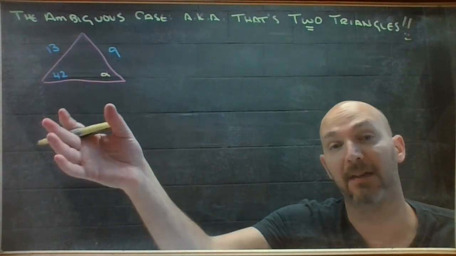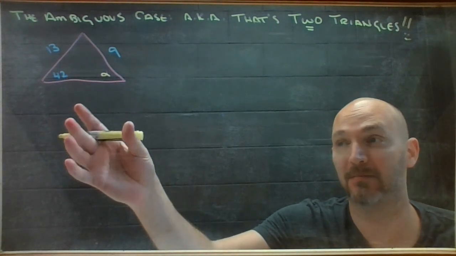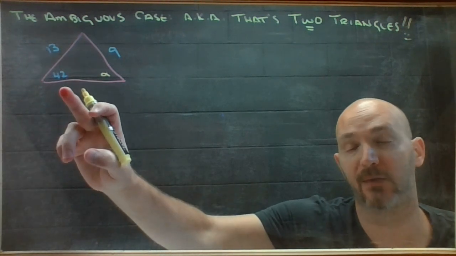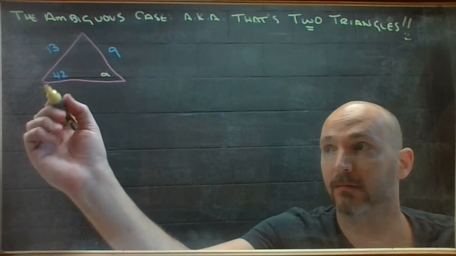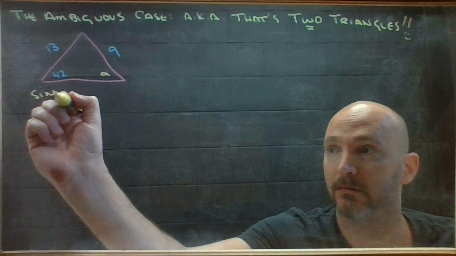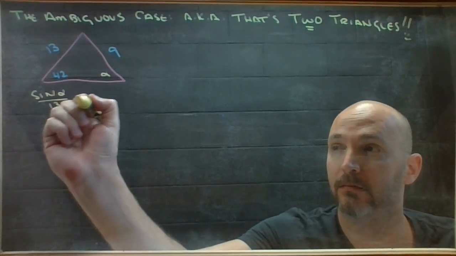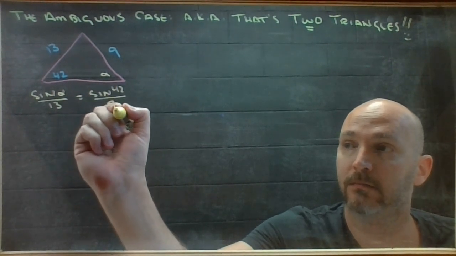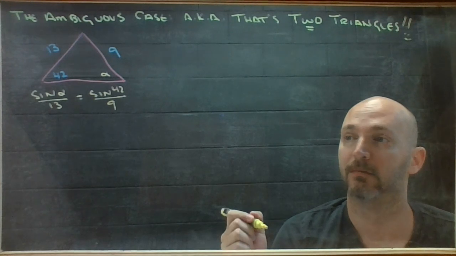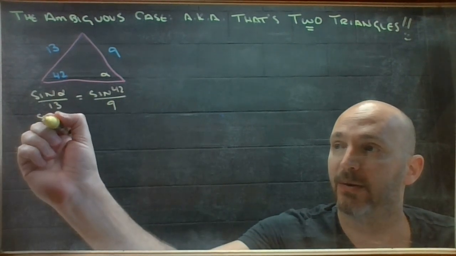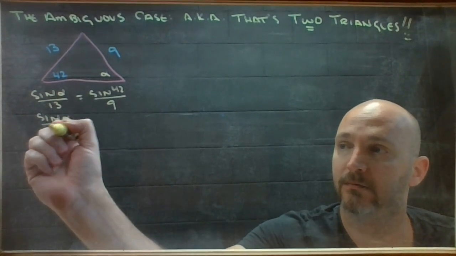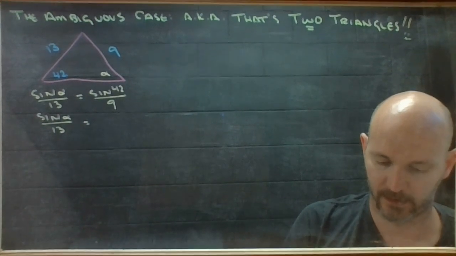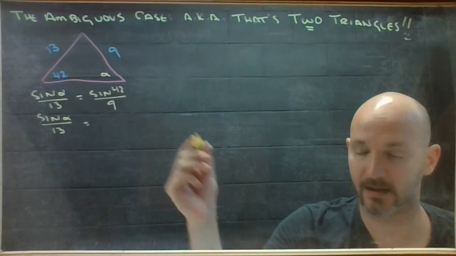So once again, another sine law setup. The sine of alpha over 13 will be sine of 42 over 9. I'm going to need the sine of 42. Sine 42, 0.669.